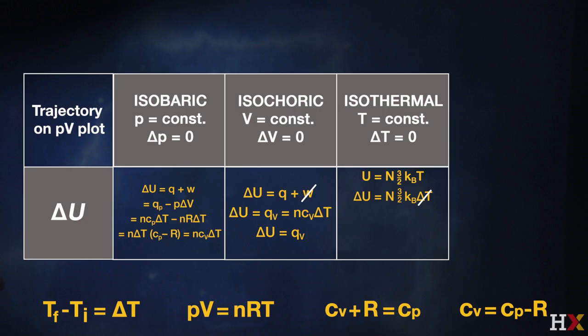But delta T is equal to 0. That means that delta U is equal to 0. And that means that, by the first law of thermodynamics, Q plus W is equal to 0. And that means that Q and W are identical in their magnitude but opposite in their sign.